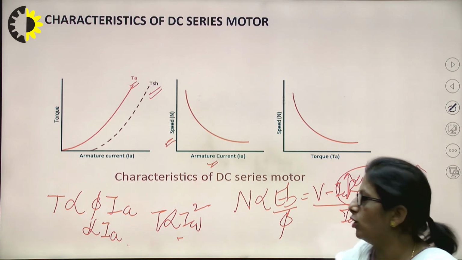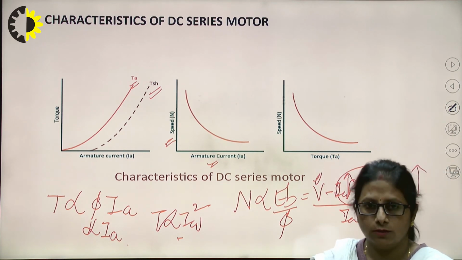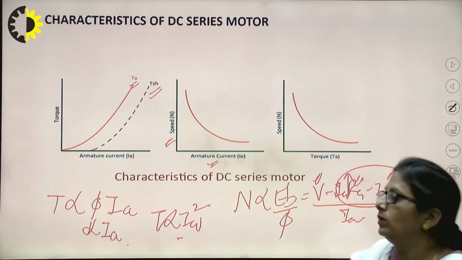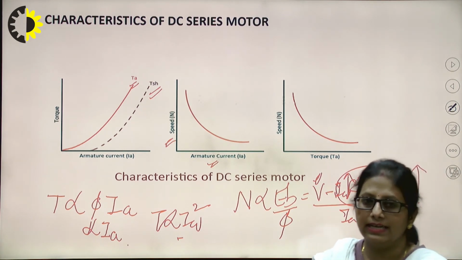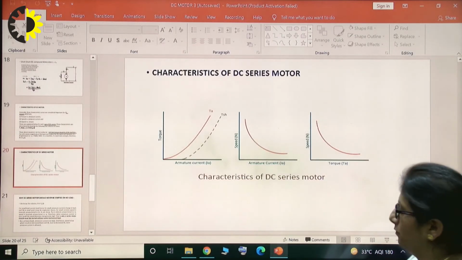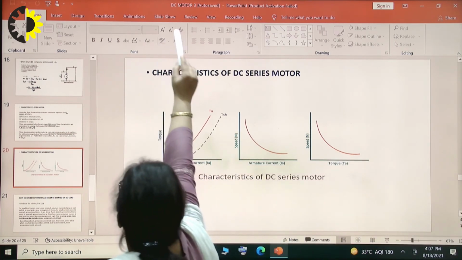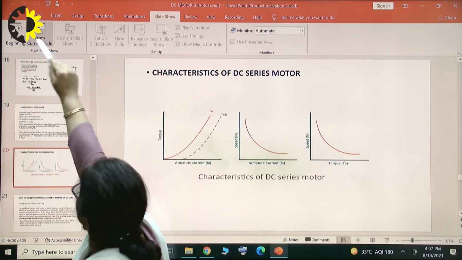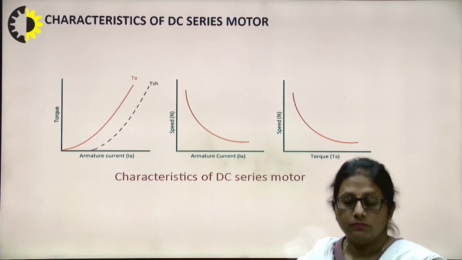So these drops are not very significant compared to the constant voltage. So there will not be much decrease in this voltage. It is going to remain almost constant as that of V.